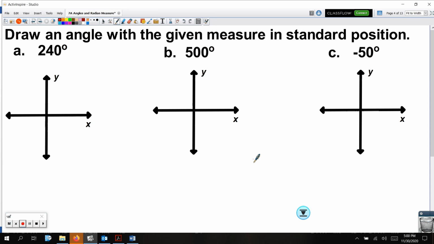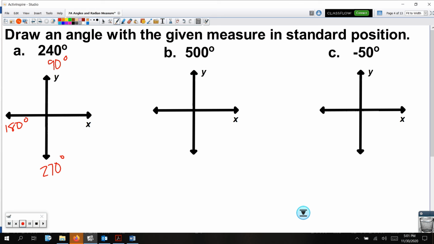All right, so here we have some coordinate planes. We're going to draw an angle. So remember, when I start at that positive x-axis, first, let's mark up some things here, right? So we know up here it's going to be 90 degrees. We know this is going to be 180. And this is going to be 270 down here, okay?